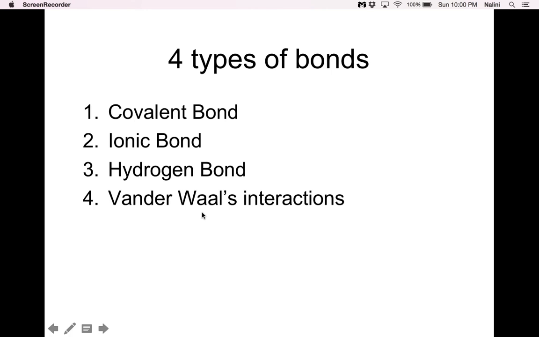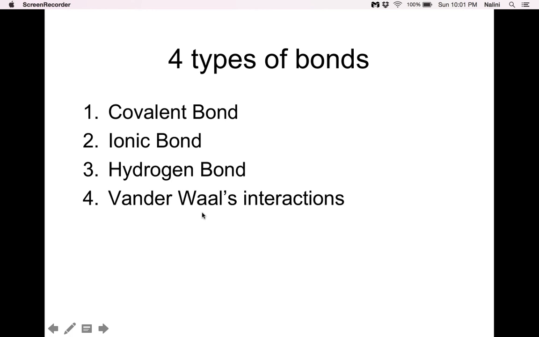Hydrogen bond is a weak bond between one molecule and another molecule. This has to be an intermolecular bond because it is between molecules.